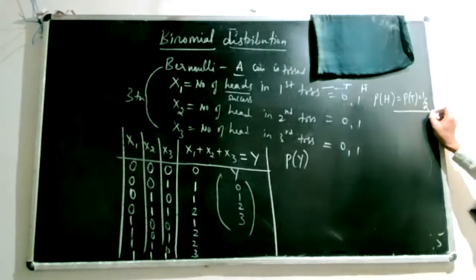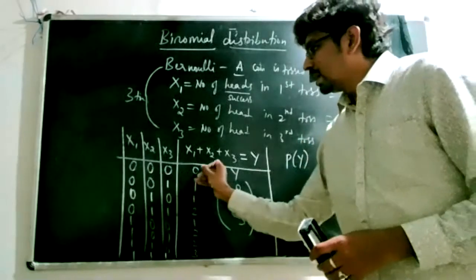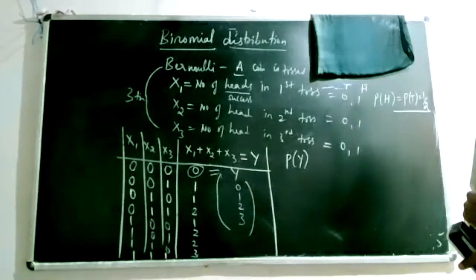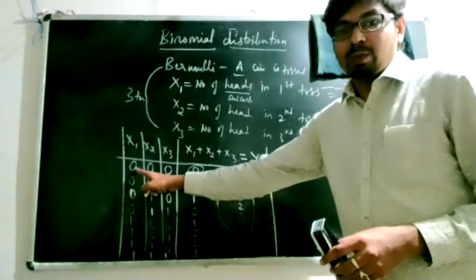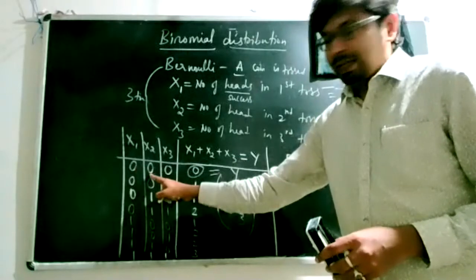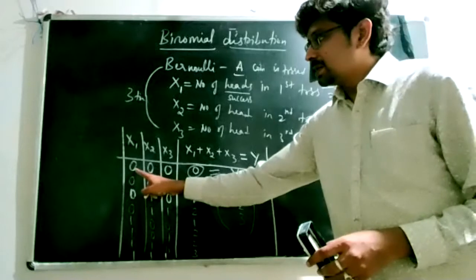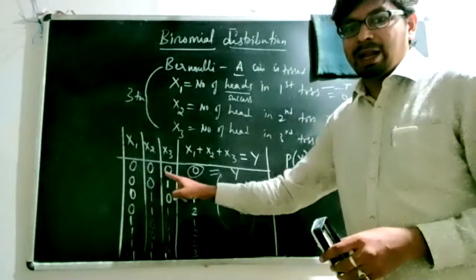Therefore, the probability is half. Now, if I look into the probability when the sum will be equal to 0, the sum equals 0 happens if x1 is 0 and x2 is 0 and x3 is 0. So it is 0, and that probability is half and half and half.